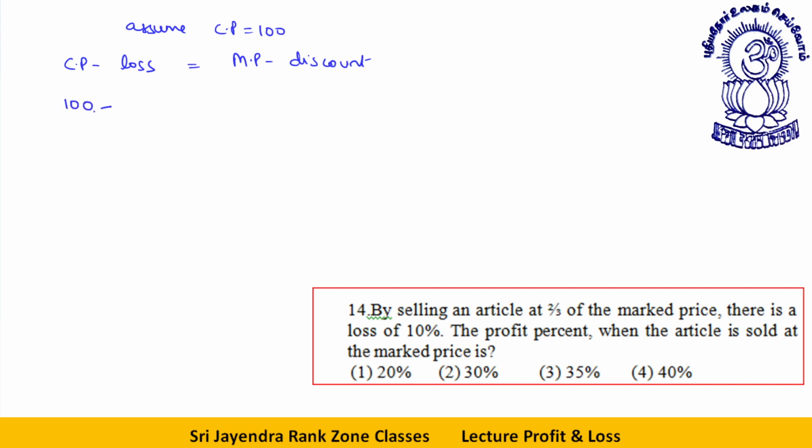Now, if I sell it at two-thirds of the marked price, that is, marked price minus discount gives me a value two-thirds of M. This is the selling price, and this is also directly given as the selling price, with a loss of 10%.